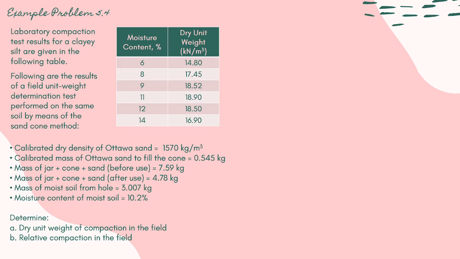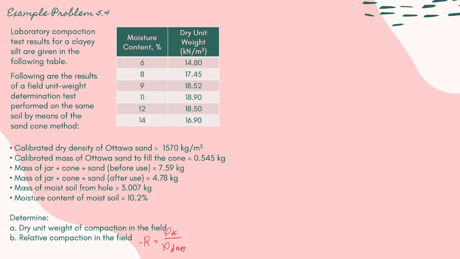Next, we are asked to find the relative compaction in the field. So the relative compaction is again equal to the dry density in the field, which we have calculated earlier, over the maximum dry density.